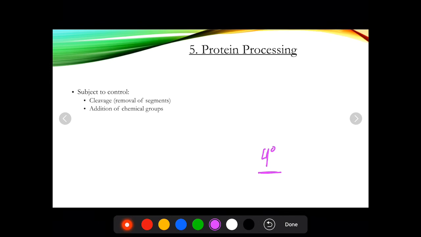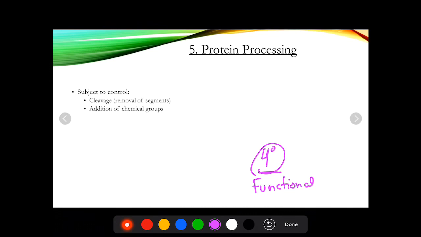So let's say you're making an enzyme, you don't need the enzyme active yet because you have enough of whatever product it makes, then you just prevent it from hitting the fourth level. Sounds like a video game. Then when it's time that you need more of that enzyme, you just cleave it or add whatever chemical groups. All of a sudden it is functional and working.